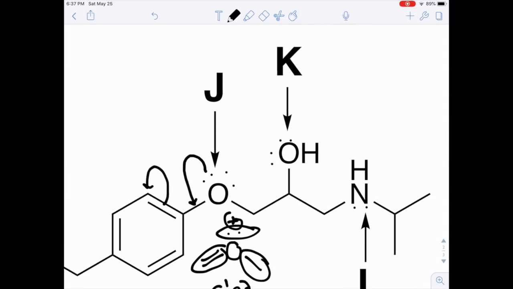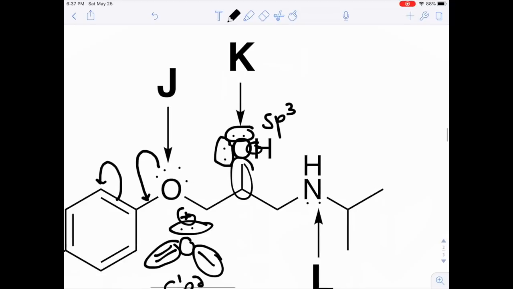Let's move to K. We have one lone pair, another lone pair, one single bond, and another single bond to the hydrogen. That's 4 total areas, no resonance possible, so that's an sp3 center as well. Now let's look at the nitrogen. There's one lone pair, one single bond, and one more single bond. That's 4 total areas, no resonance possible. That's also an sp3 center.